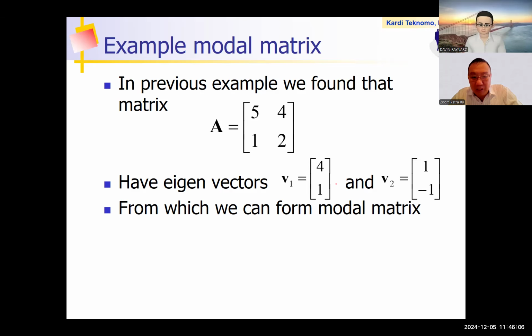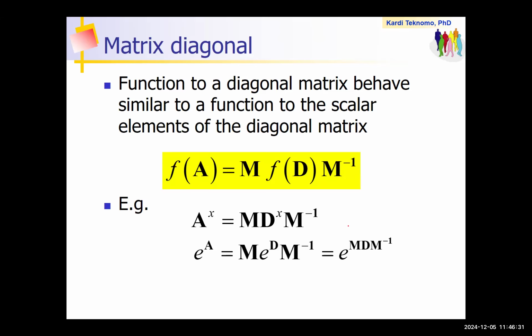So once you have this modal matrix, then we can create the diagonal matrix. Remember, this is only for distinct eigenvalues. Why do we want to make it a diagonal matrix?